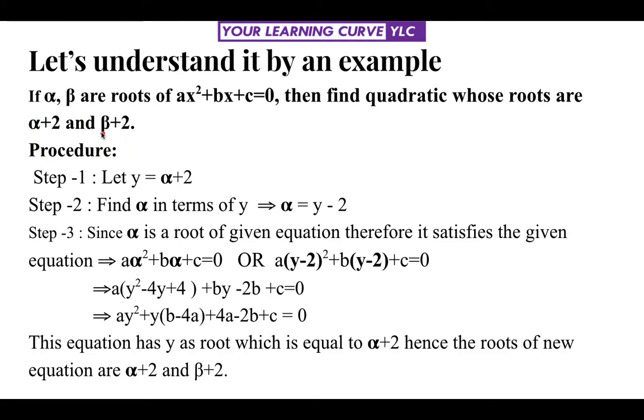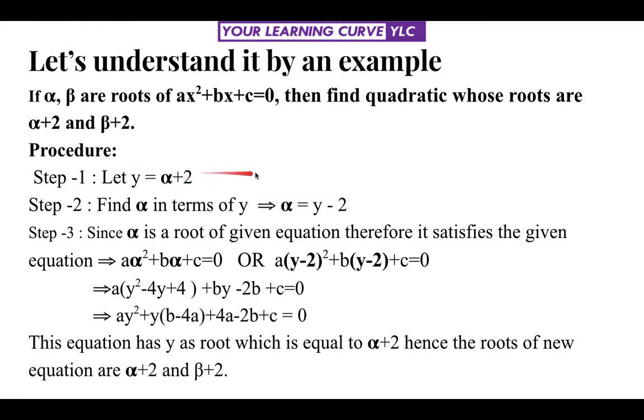You have to assume that alpha plus 2 is equal to y, some new unknown variable y. Now, you find the value of alpha in terms of the newly introduced variable y.